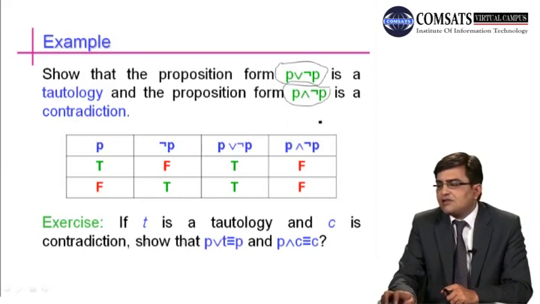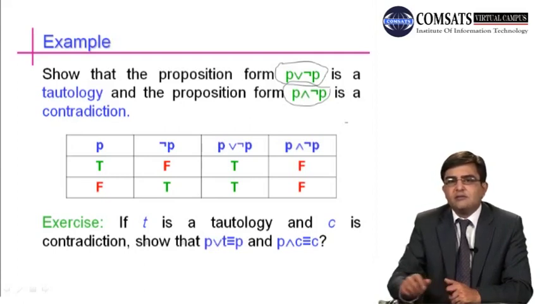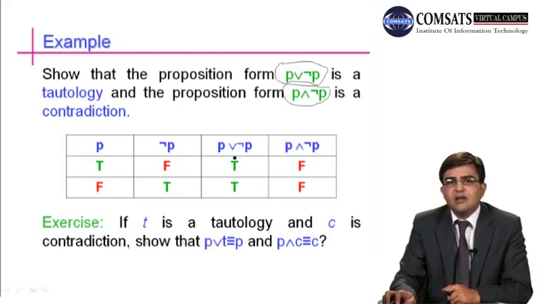So to construct the truth table of these two compound propositions, we need only one proposition, P. All possible truth values of P are true and false, as given in the first column of the table, and the negation of P will be F corresponding to T and T corresponding to F. Now we can write the truth values of the compound proposition P or not P. As we know, the disjunction operator's truth value is true if at least one of the propositions is true.